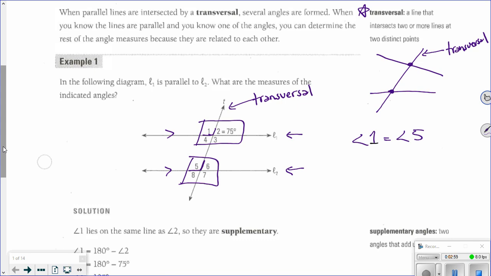Same thing for 2 and 6. So 2 is to the right of the transversal above the parallel. 6 is to the right of the transversal above the parallel. So angle 2 is equal to angle 6. Angle 8 and angle 4 are equal to each other.